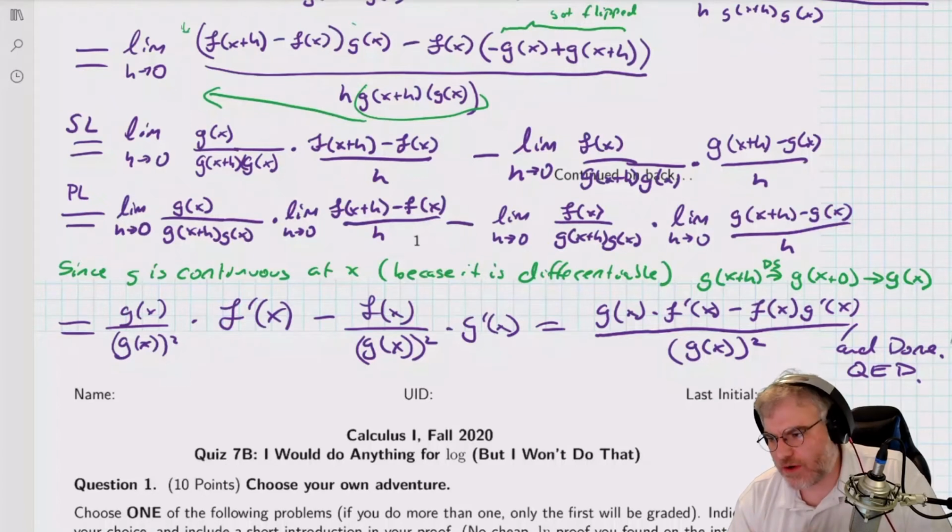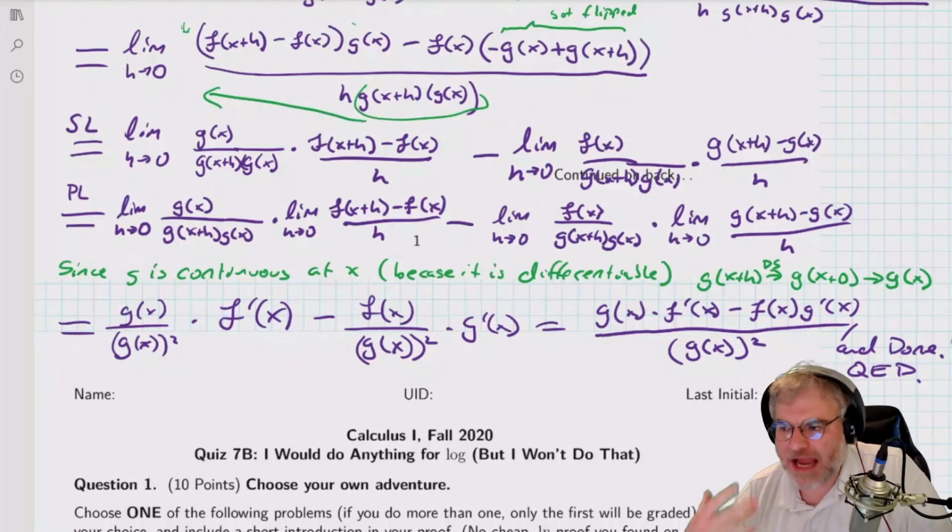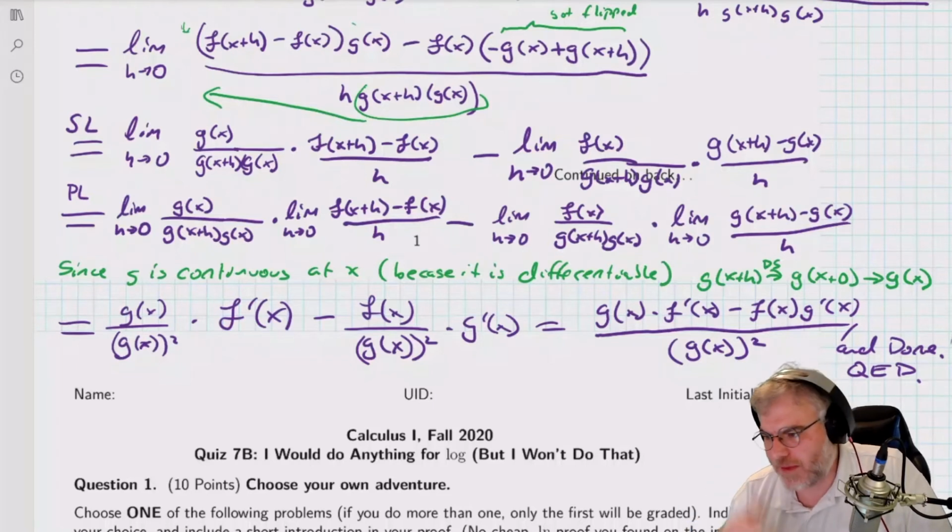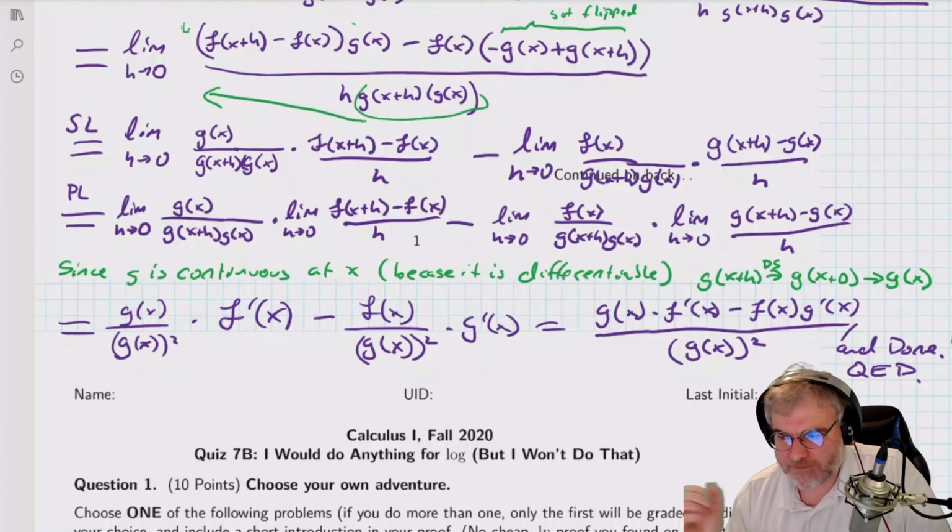For product, you only have the rabbit proof. For quotient, you can use either the rabbit proof or these other ones I'm going to show you in just a moment. But you can't use the log proof for either of those. And then the power rule, you can choose which power rule you want to do. So there were like 4 different power rule proofs. You get to pick one. But make sure you state what you're assuming has already been proven.